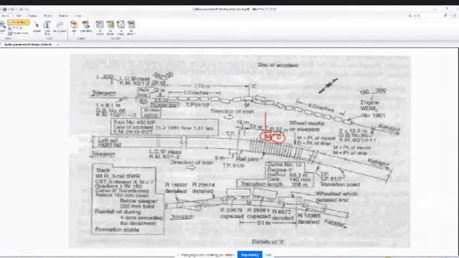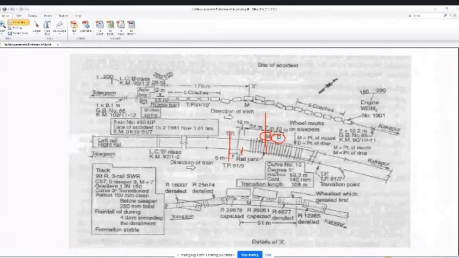From here, how many meters it is, rail joint and all, if anything is there, that also he is showing: 32 meters away, one rail joint is there. And T point, termination point or any other thing, you can mention all these things.